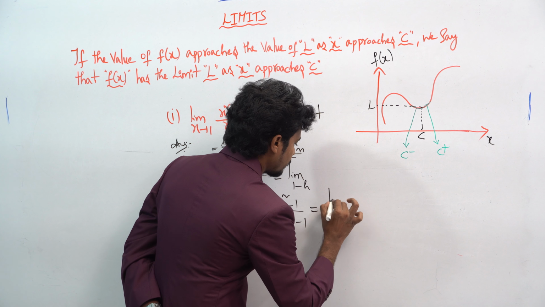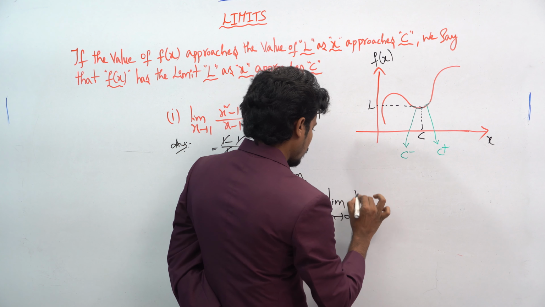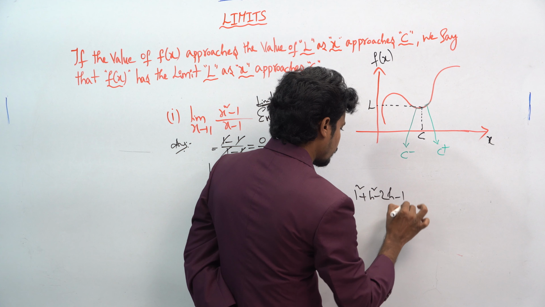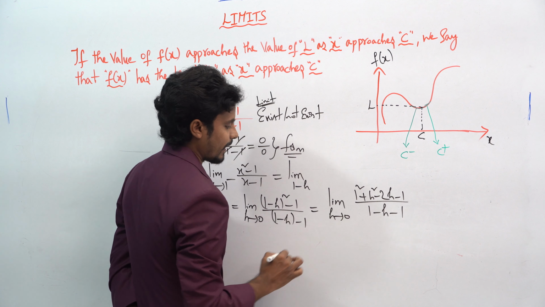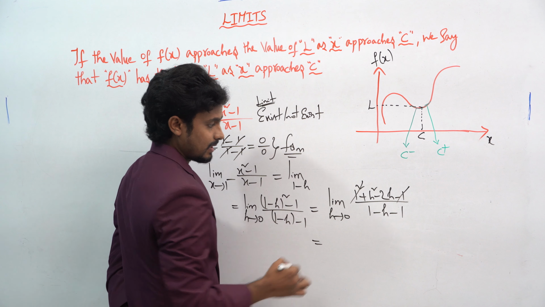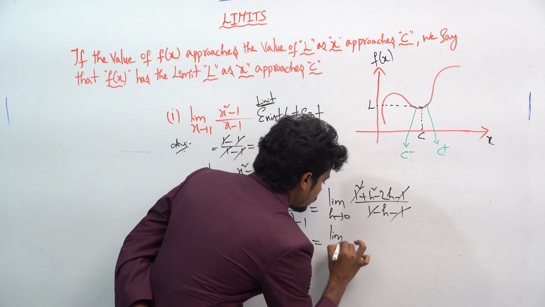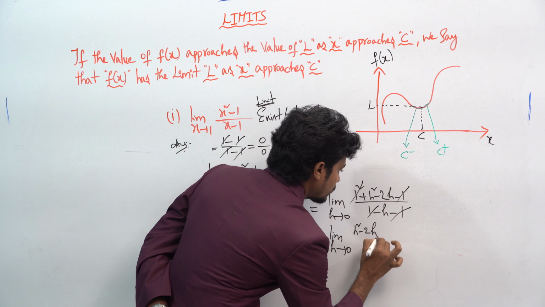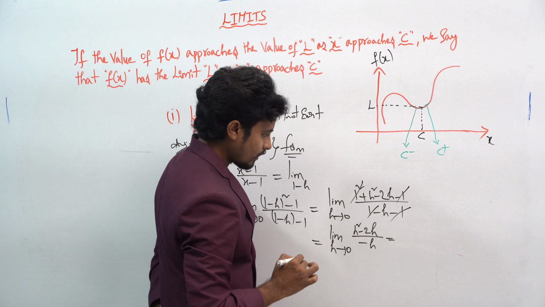So this will become the limit h tends to 0 of 1 square plus h square minus 2h minus 1 divided by 1 minus h minus 1. Here plus 1 minus 1 cancel, here plus 1 minus 1 cancel, so this will be the limit h tends to 0 of h square minus 2h divided by minus h.